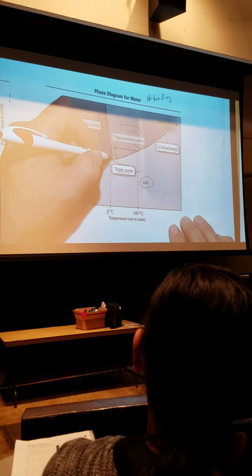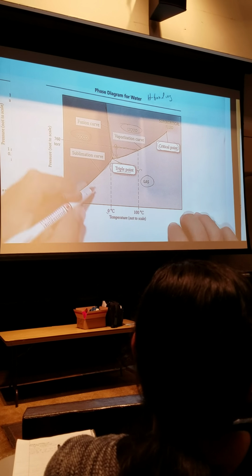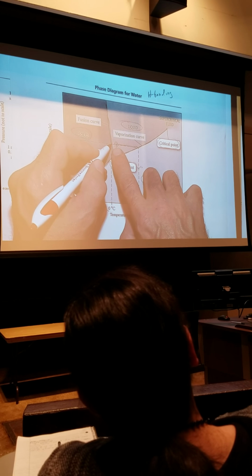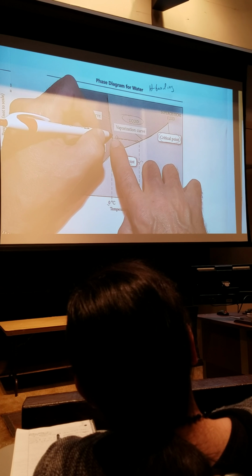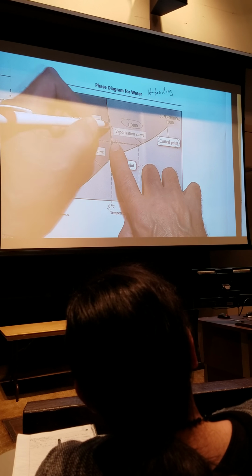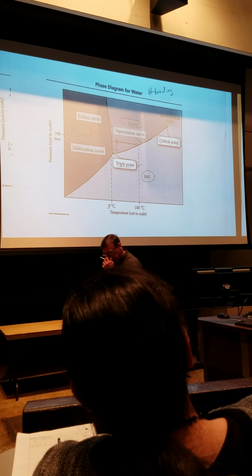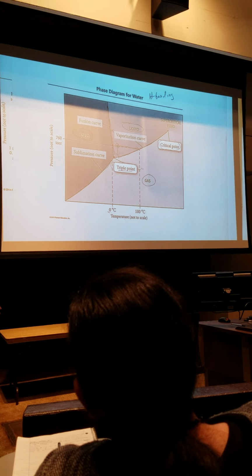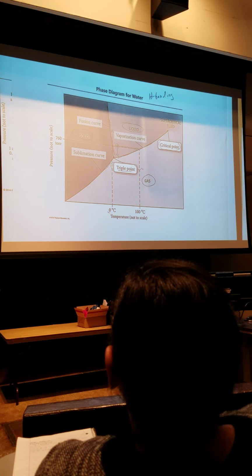Which means if you have ice at 0 degrees C at 1 atmosphere pressure, you're on this equilibrium point here. If you were to increase pressure of ice, you actually can get it to melt to a liquid. And that's because ice forms crystals, and it actually has a lower density as a solid than it does as a liquid.